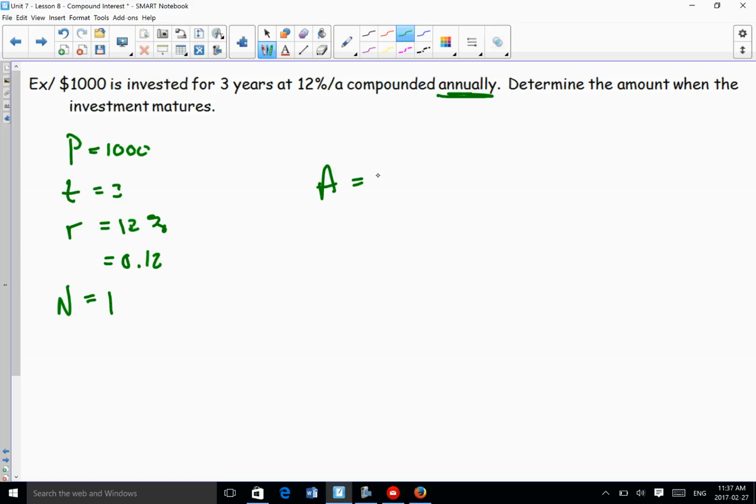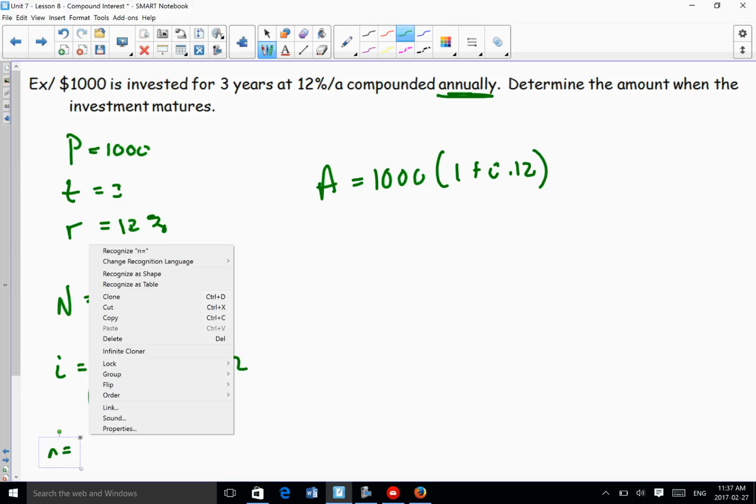So our amount equals principal times (1 plus I). Now I is made up of R divided by big N, which in our case is 0.12 divided by 1, or just 0.12, to the power of little n.